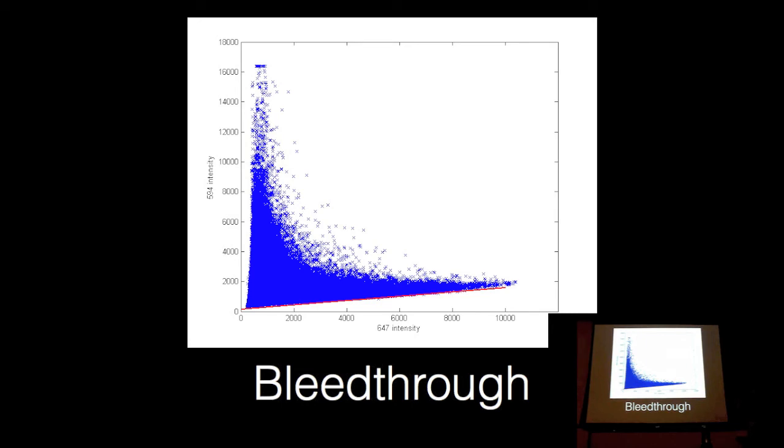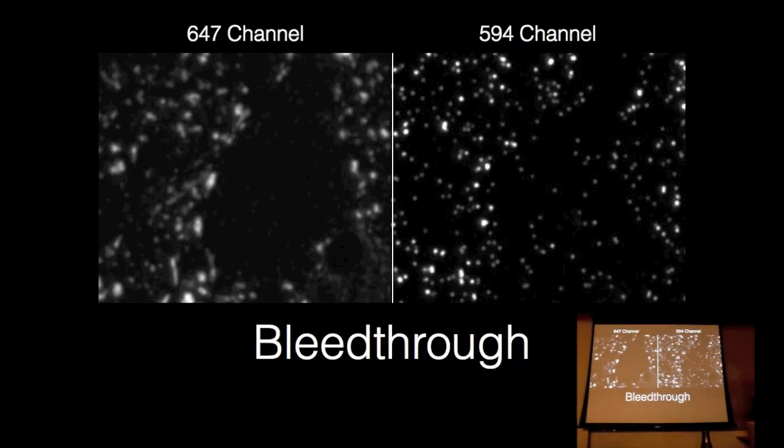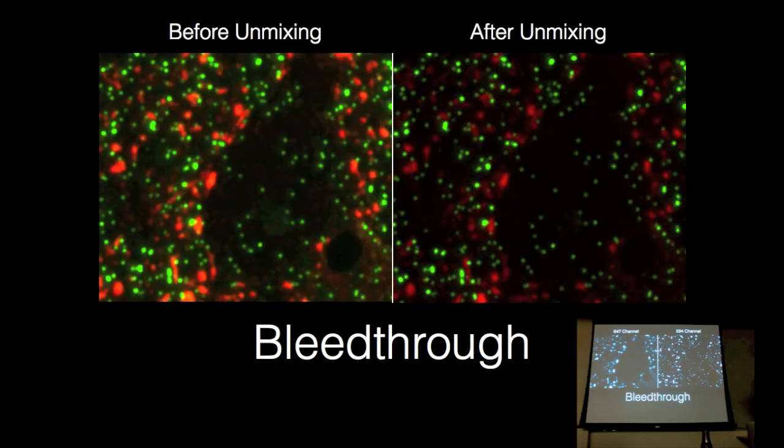Each of these dots is a pixel, the x-axis here is the intensity of the 647 channel, and the y-axis is the intensity of the 594 channel, and the ratio of how much light you're collecting in the 647 channel that's bleeding through into the 594 is set by the slope of this lower bound here. And so if you subtract this image times that slope from this image, you get this. So it basically 100% subtracts out the GABA component from this PSD95 image.